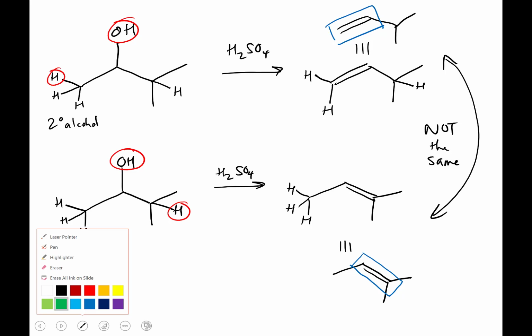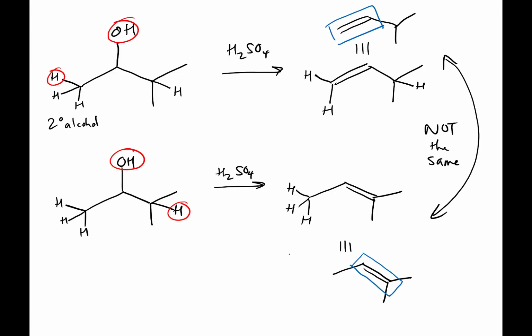In this case, only one of those is an alkyl group. So this alkene has 1 alkyl group attached. Now, what are the other things attached? Well, they're hydrogens. There's 2 there, and then 1 here as well.